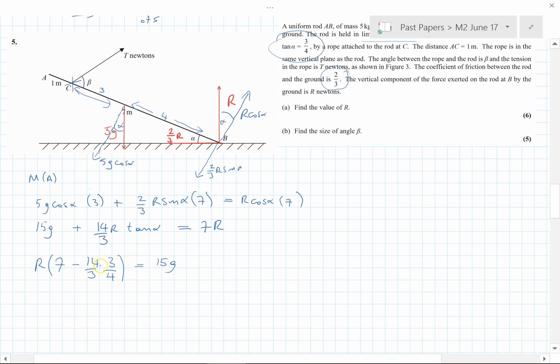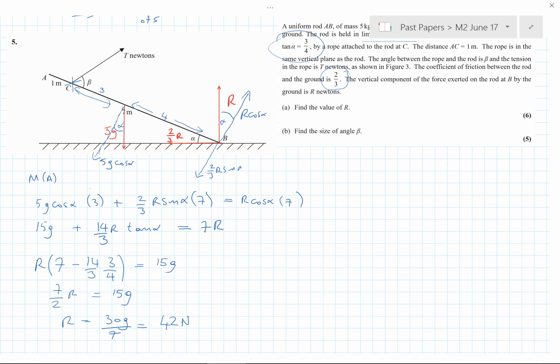Now this here will be equal to 7 over 2, so that's 7 take away 7 over 2, so that's 7 over 2 R is equal to 15g. So R is equal to 30g over 7, which actually works out to be, I think that's exact, probably get the answer, but let's work it out. It actually works out as 42 newtons. Okay, so that's the first part.